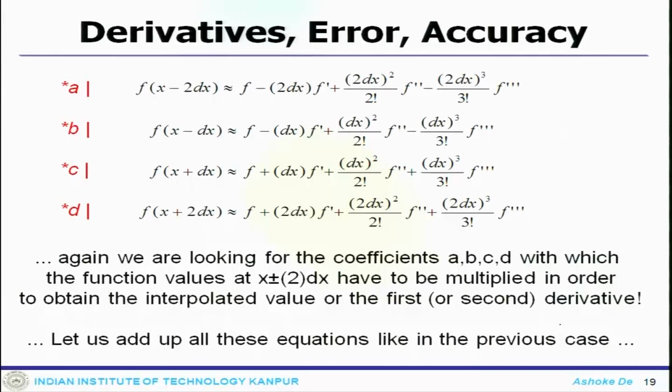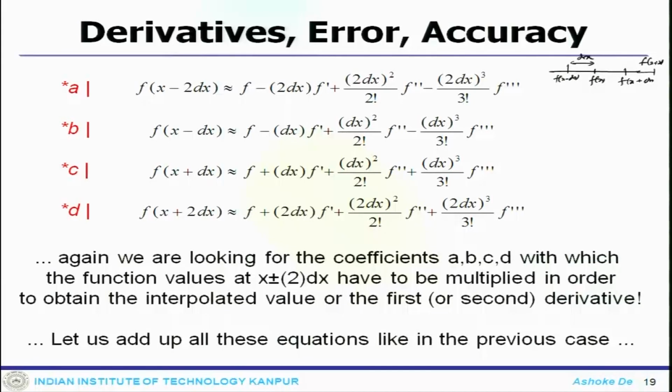So, again we will concentrate on a simple system like this, where f(x) is defined, you have x plus dx, you have x minus dx, and these distances are given as dx. You can also have one point ahead of it, x plus 2 dx.